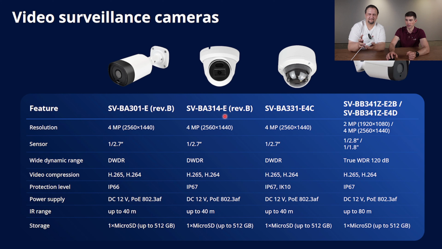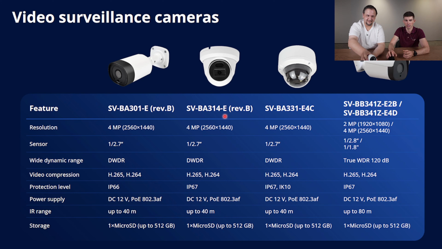And the reason why these models stand out is because of the way they are built, the very high quality build, and the metal casing. You can actually hear it. It's not plastic. It's a very sturdy and nice metal body.